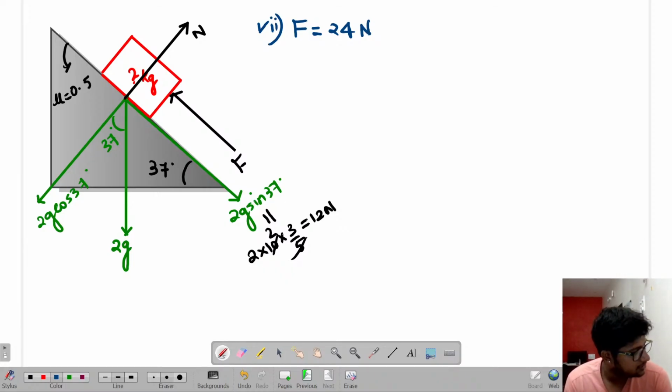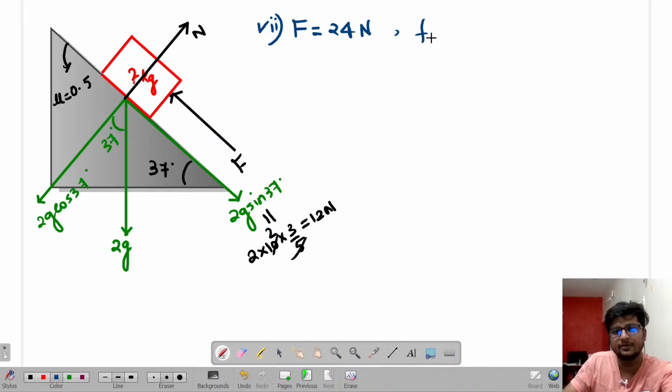Acceleration will be 4 meters per second. Let us check it. Let others do. Acceleration will be 2 meter per second square. Friction 8 Newton. Others, Hariom, friction will be 8 Newton, and find the acceleration quickly.